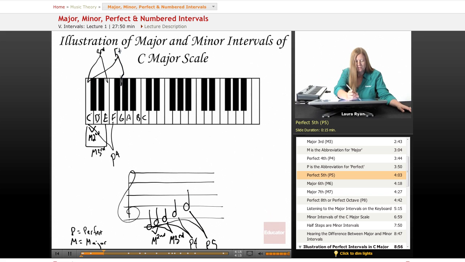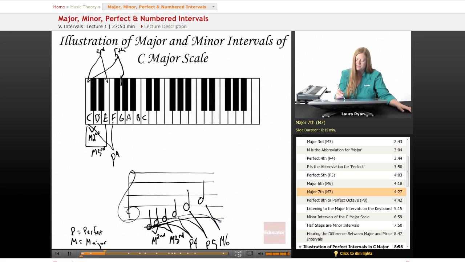This is a fifth. Okay, from C to A is a major sixth. From C to B is a major seventh. I'm writing the TH, little abbreviations, but that's not necessary later.